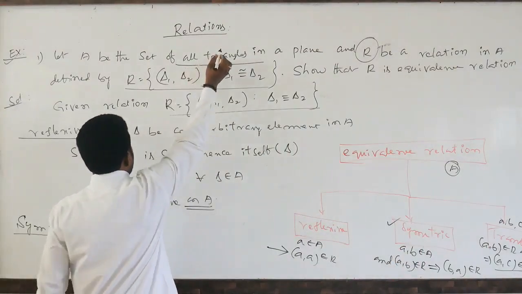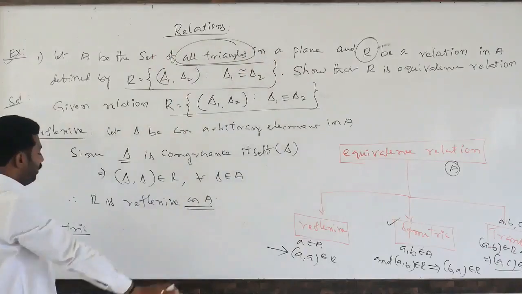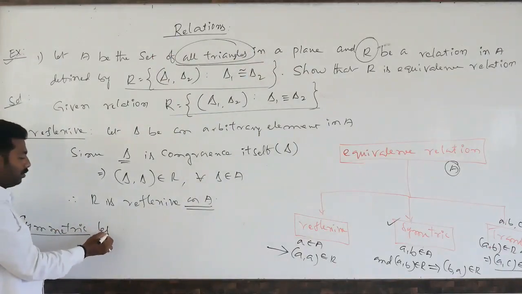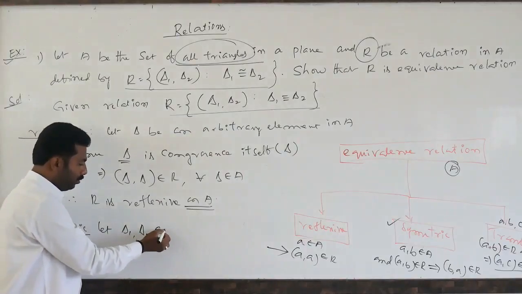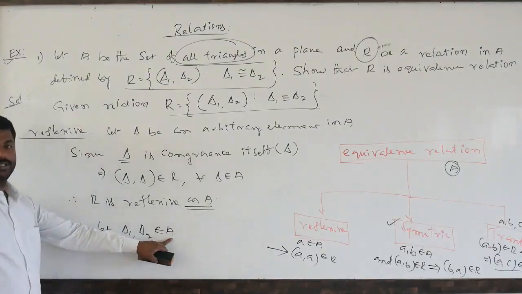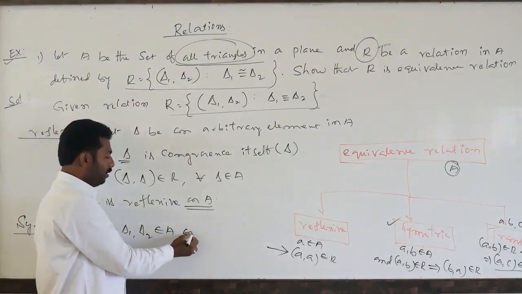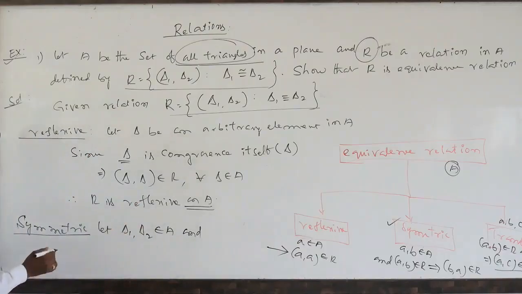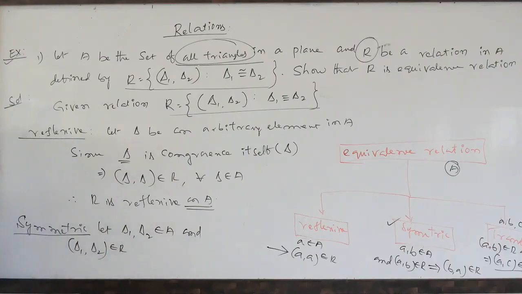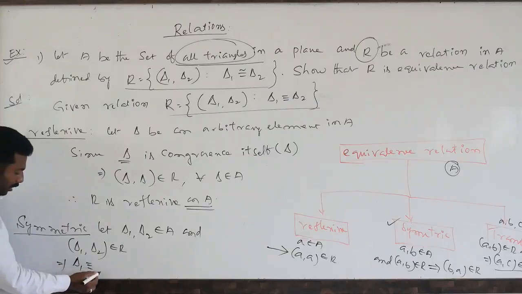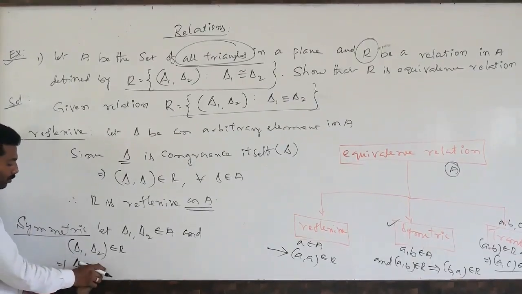Here the elements are triangles. So we consider delta 1 comma delta 2 to be two arbitrary elements from the non-empty set, and we assume one relation: (delta 1, delta 2) belongs to capital R, which means delta 1 is congruent to delta 2.